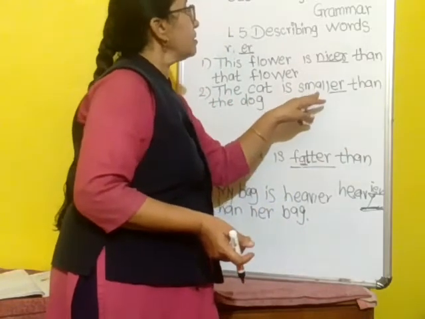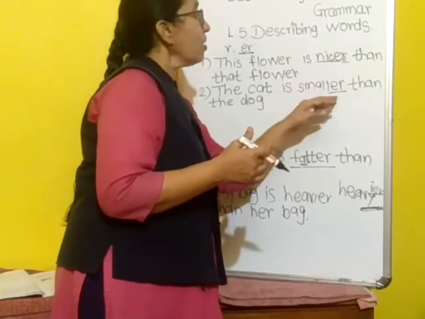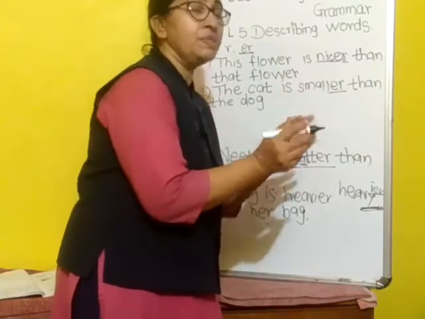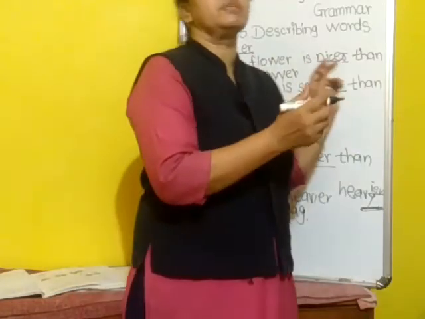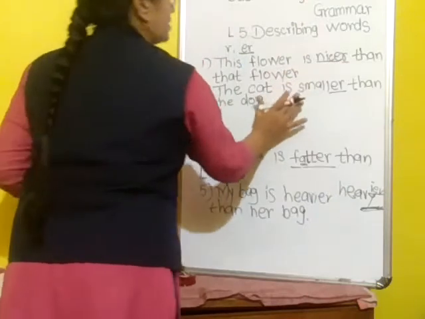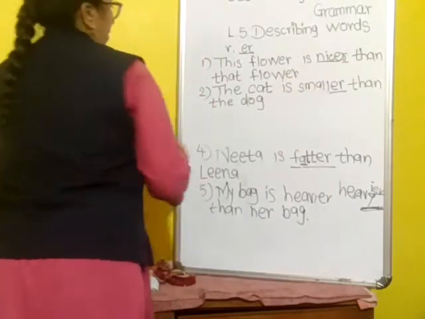Then what is the quality, the describing word? That is small. So we should add er or r according to that describing word. You should add whichever fits the describing word. In this way you can make sentences by comparing two objects.